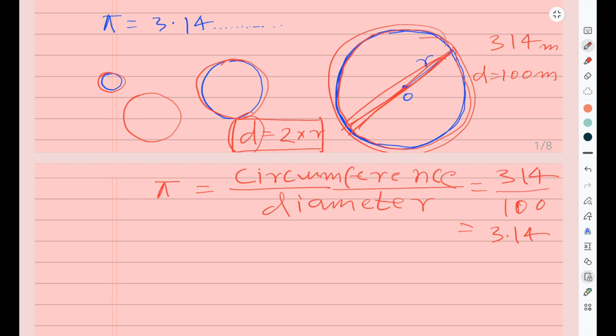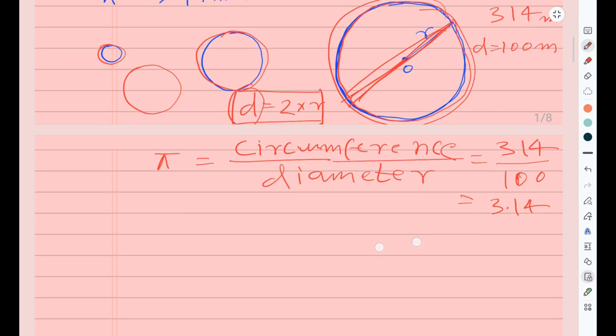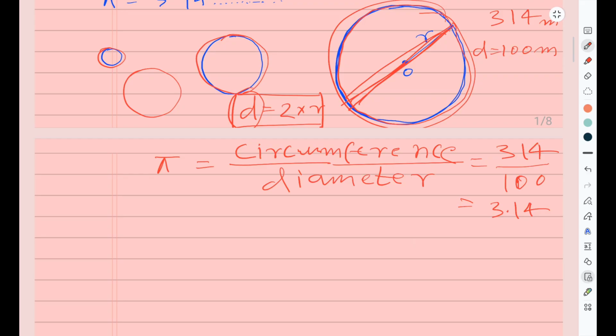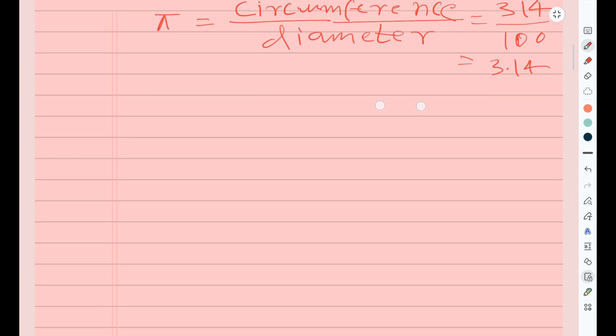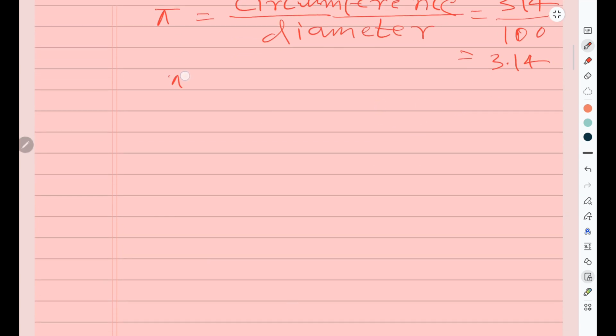Now that we have seen pi, let us take one more example. In angles also, you might have seen pi is used. For example, pi in terms of angle is equal to 180 degrees. Why is it so? I would like to explain it a little.